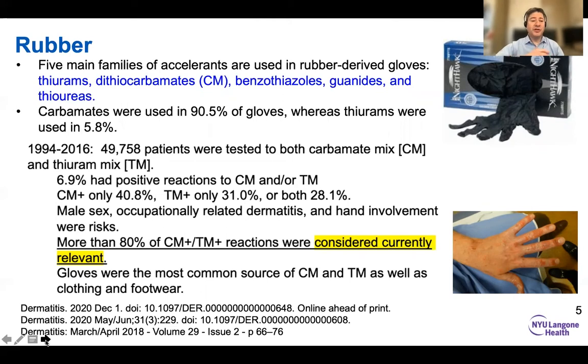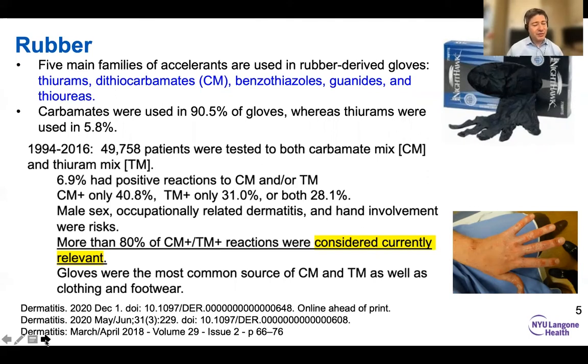And the thioureas are common in sporting rubber, like handles in the gym or rubber sporting equipment. The carbamates are very commonly used in gloves, whereas the thiurams are less likely to be used in gloves. And that has shifted a great deal in the past decade or two.